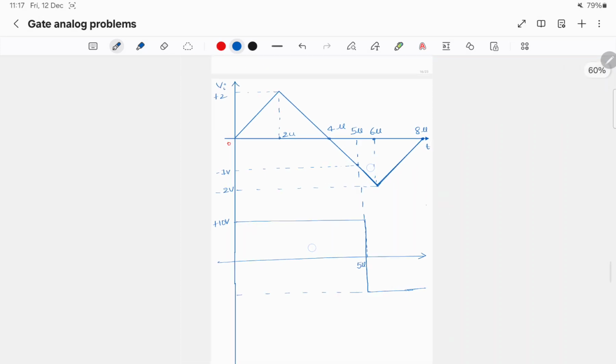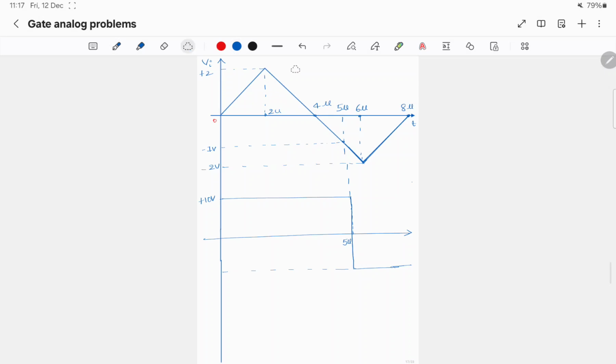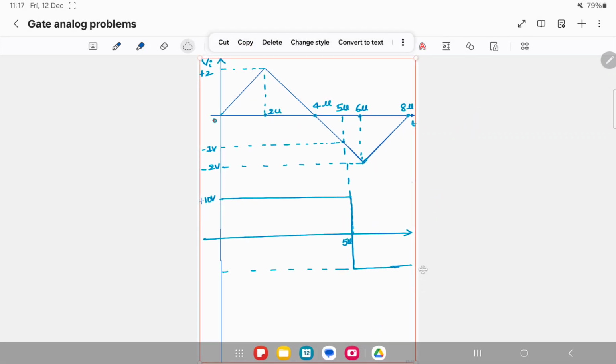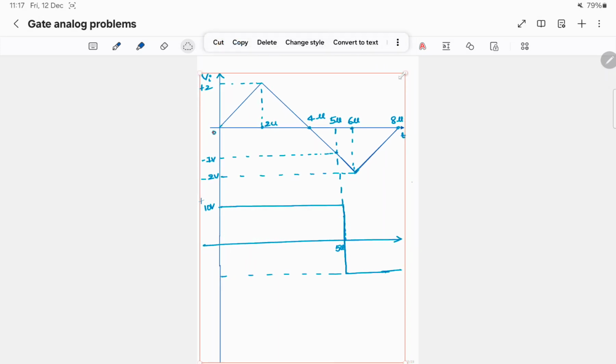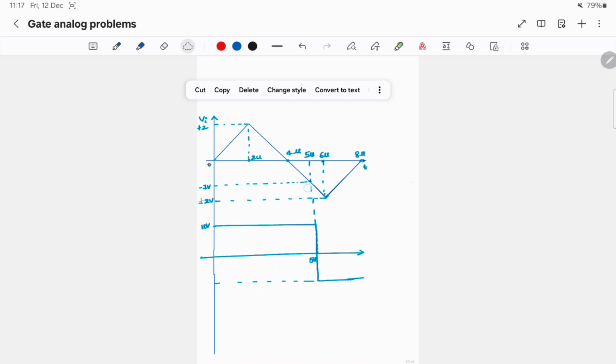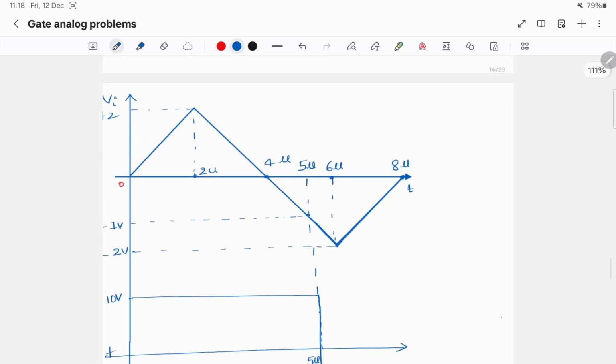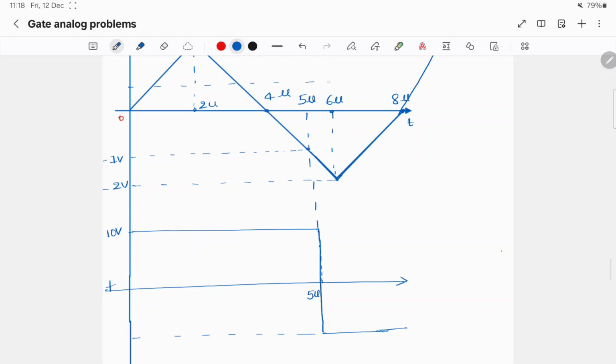At t equals 9 microseconds, this will go to plus 10 volts.